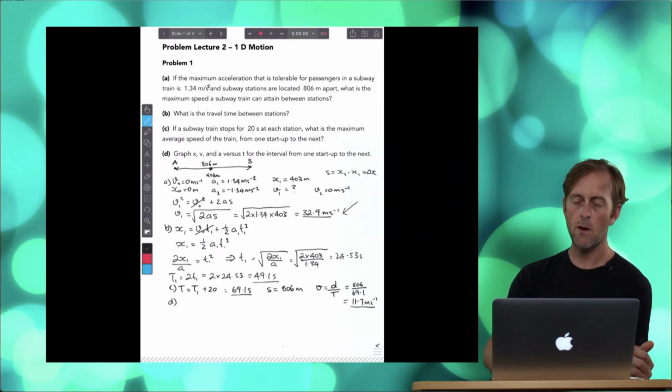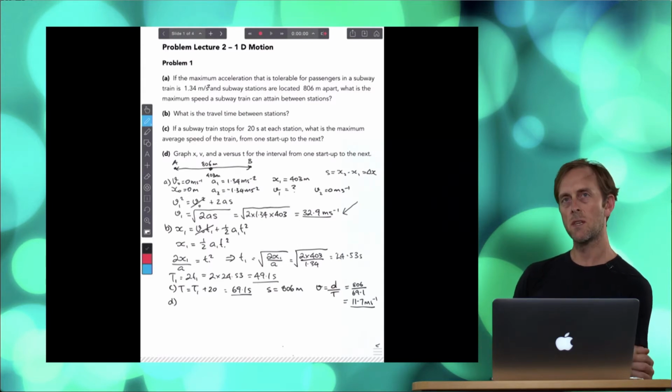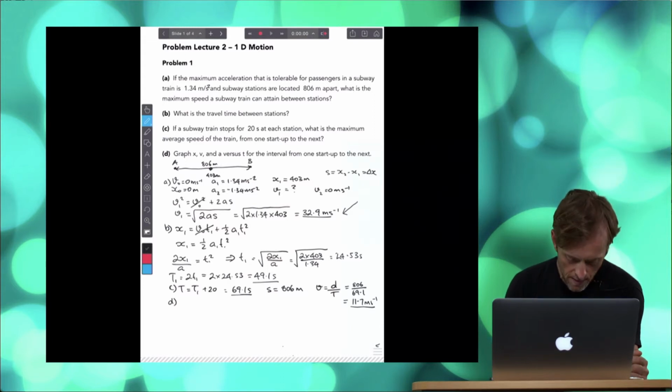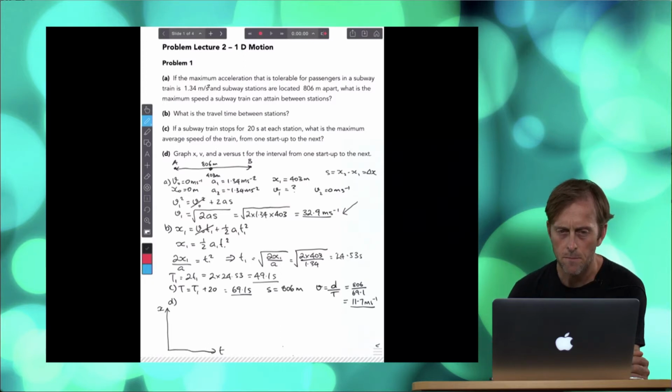Okay, so now we're asked to graph those. So we're asked to graph the position, the velocity, and acceleration versus time. So we can start off with down here, we've got our position, x and t. So we can put some units here.